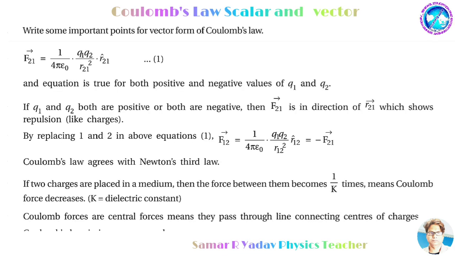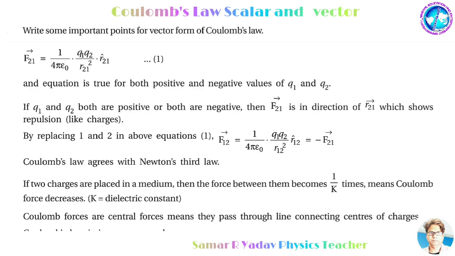Write some important points for vector form of Coulomb's law. First, vector F21 is equal to 1/(4πε0) × q1 q2/r21² × unit vector r21, equation 1, and the equation is true for both positive and negative values of q1 and q2. Second, if q1 and q2 both are positive or both are negative, then vector F21 is in the direction of vector r21, which shows repulsion for like charges.